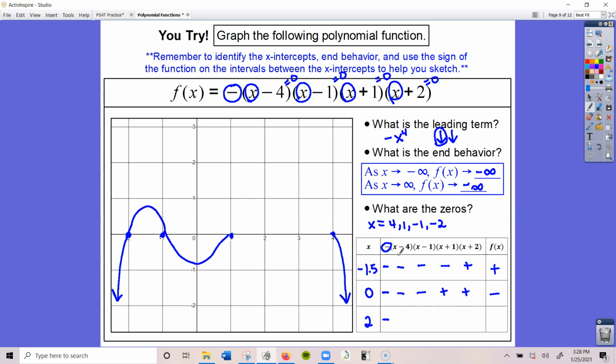Moving on to 2. 2 minus 4, negative. 2 minus 1, positive. 2 plus 1 and 2 plus 2 is all positive. 2 negatives times 3 positives gives you a positive number. So we go above the x-axis and connect to the next x-intercept. So this is my graph. And you can see here that based on my leading term, I had 4 x-intercepts with 3 turning points.